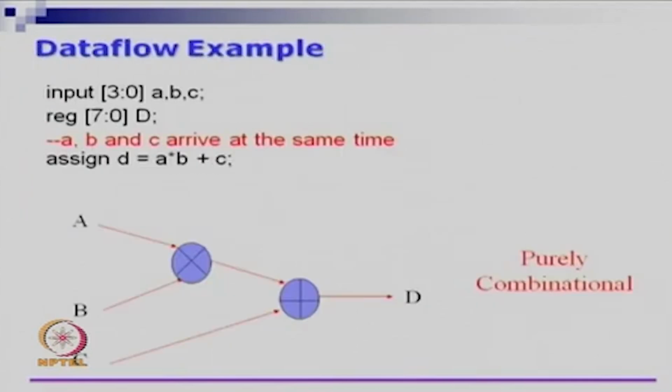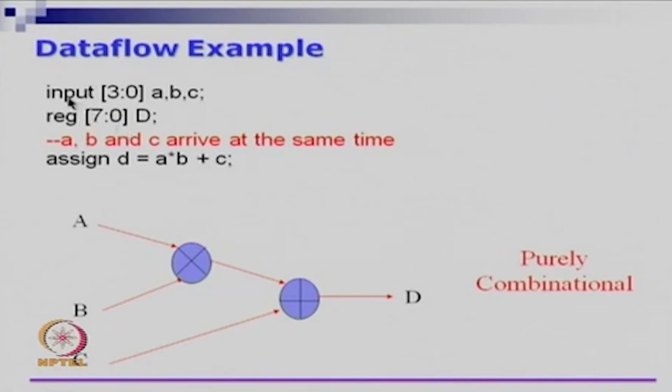Let us look at various examples of data flow modeling. Let us look at this picture here and the corresponding Verilog description. I am not providing the complete Verilog description, we are only seeing part of it.